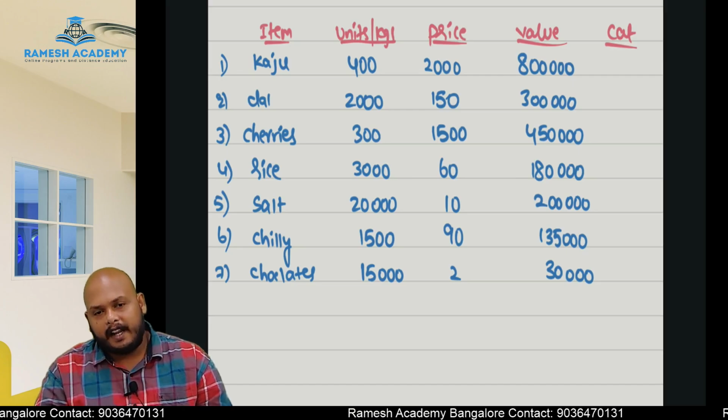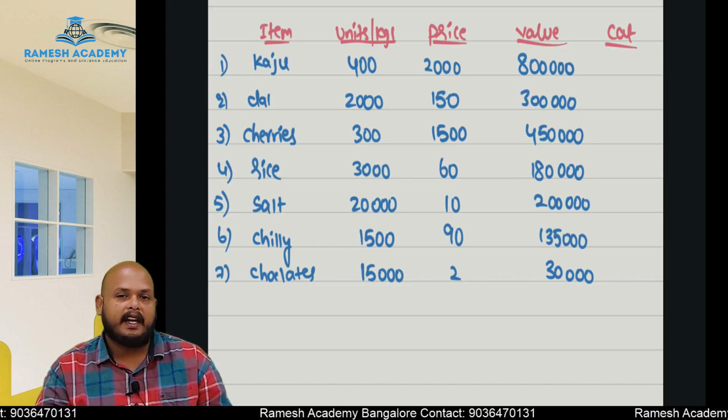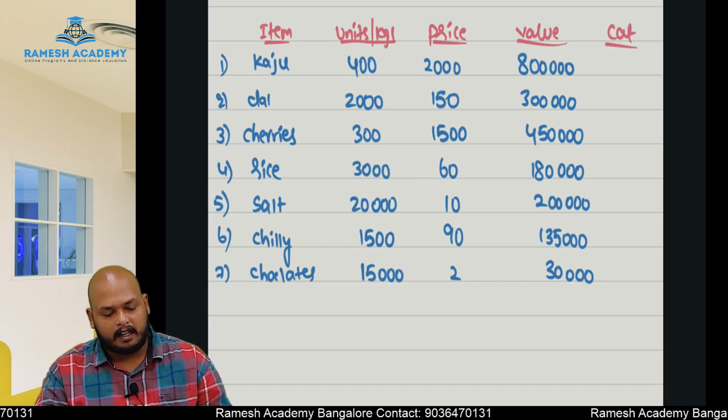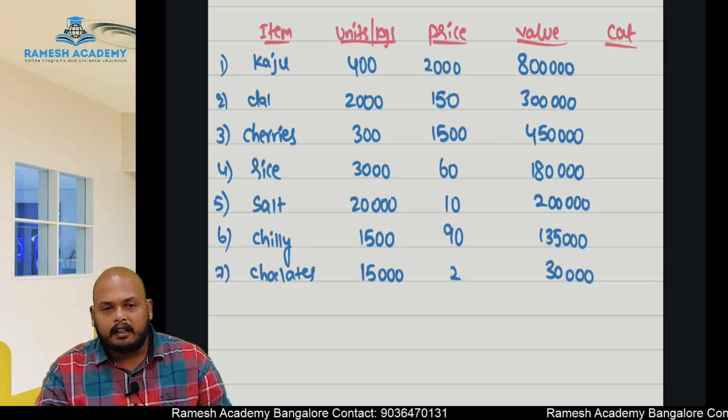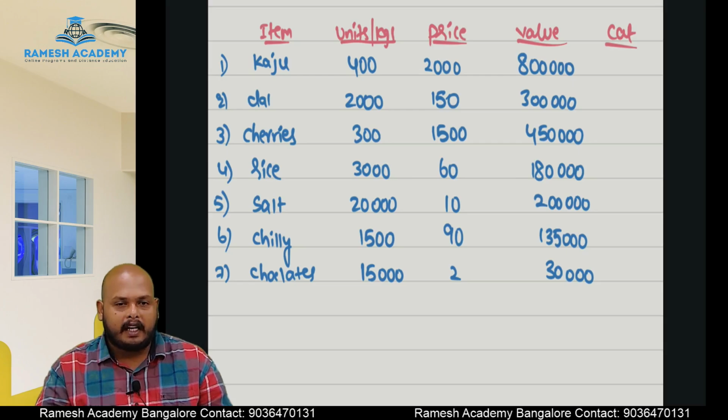Now which is under A category? We have to decide which item is A category, which item is B category, and which item is C category. To decide this, there is a certain definition for A category. What do you mean by A category items?